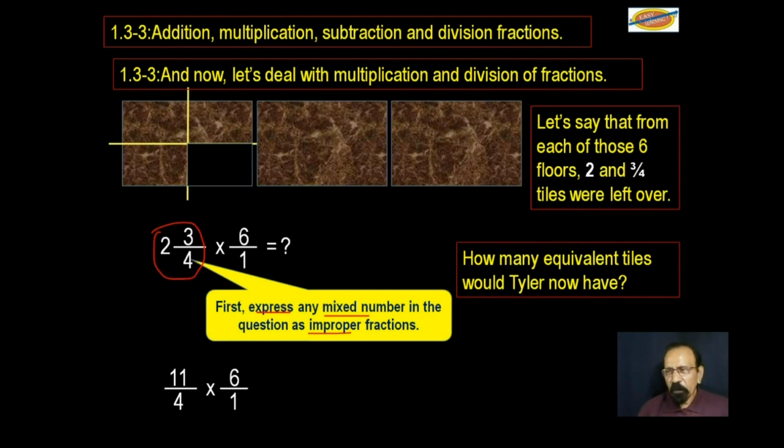So that 4 can be reduced by 2 to 2, and this 6 can be reduced by the same 2 to 3. Can any more numerator and denominator be reduced? No. So at this point we have 33/2, and we carry that to mixed numbers, and we have 16.5, which is the same answer we had previously when we were doing it the difficult way.